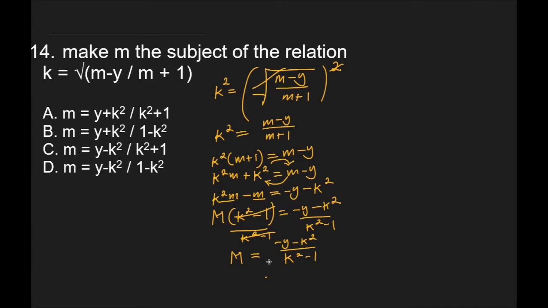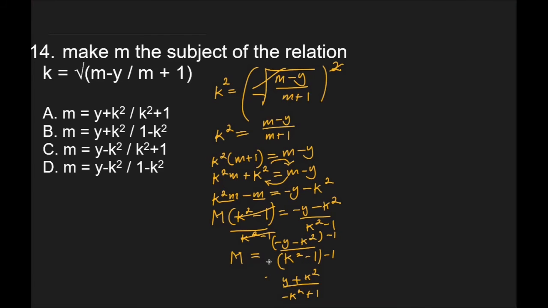Now my answer has taken different signs from the ones we have in the option, so I can simply multiply this by minus 1. Don't forget to do the same here, multiply by minus 1. If you open the bracket on top, minus 1 times minus y is y, then minus 1 times minus k squared is plus k squared, all divided by minus 1 times k squared is minus k squared, and minus 1 times minus 1 is plus 1.